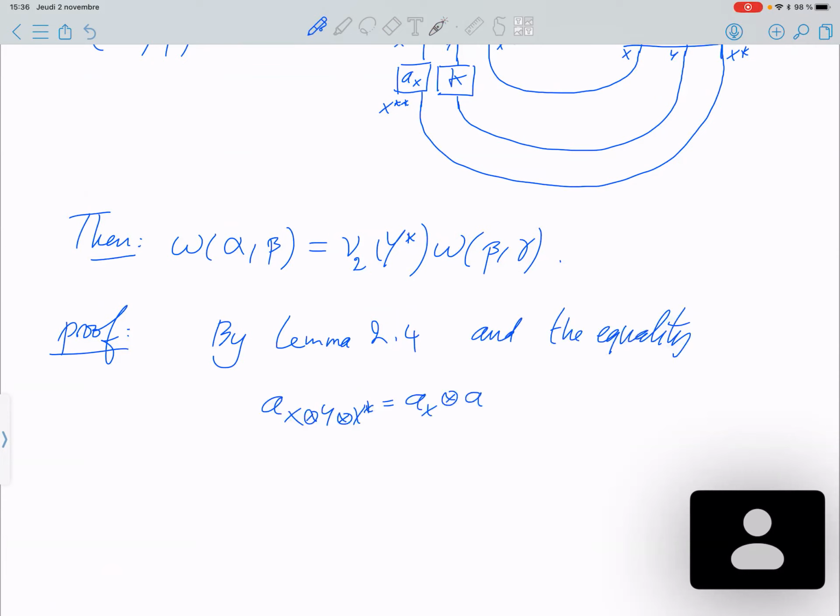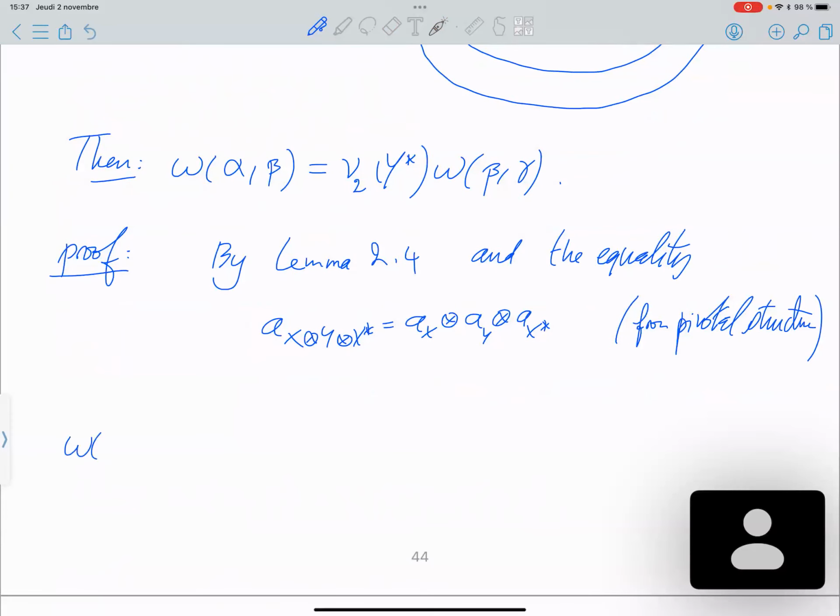This is the usual definition of pivotal structure. So what can we draw just by that?